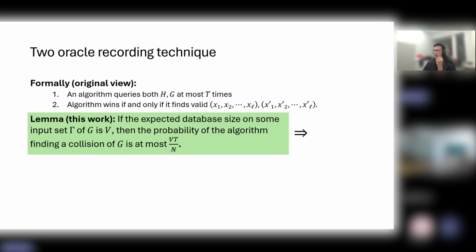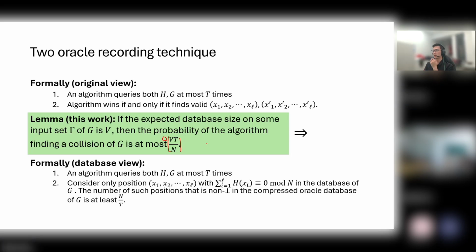It's an order: the order of the success probability of this algorithm is VT divided by N.